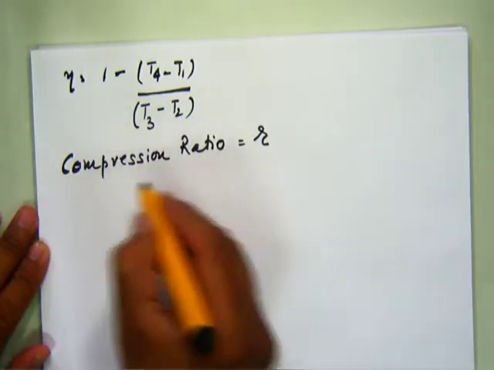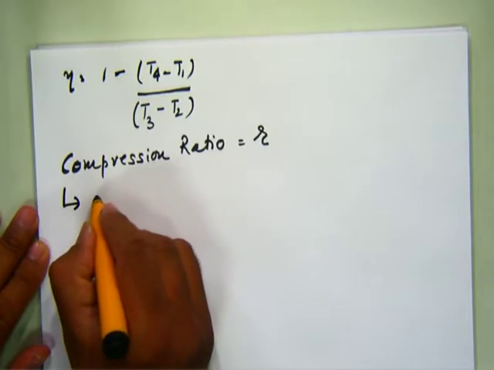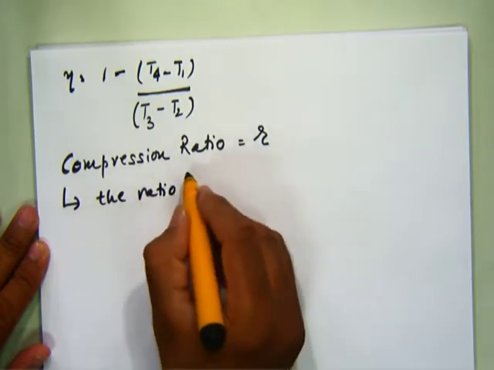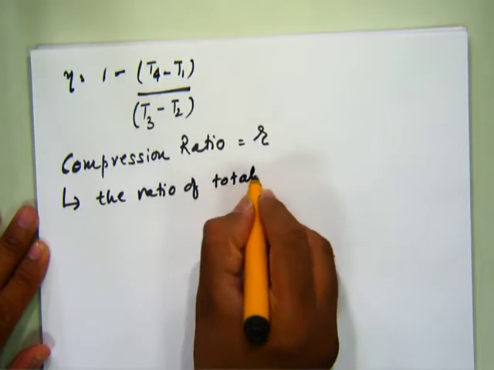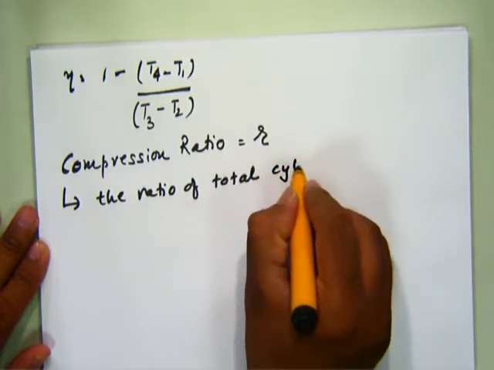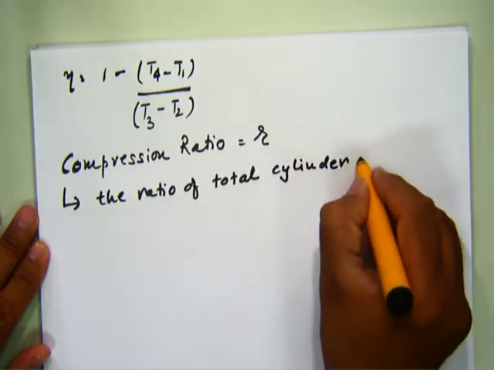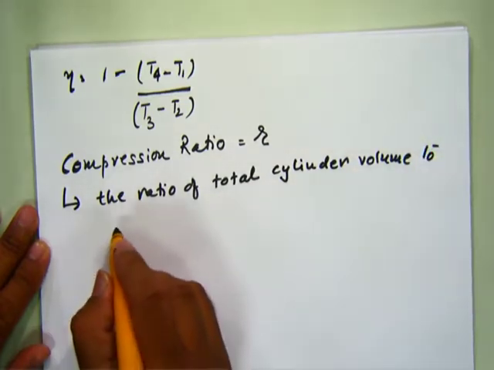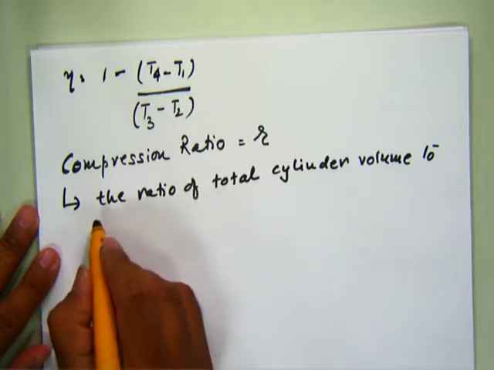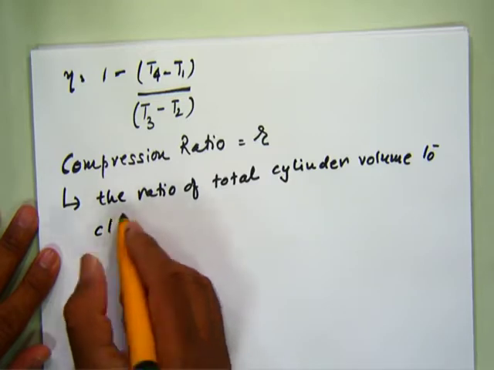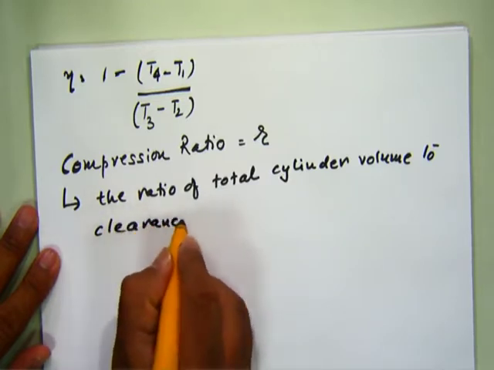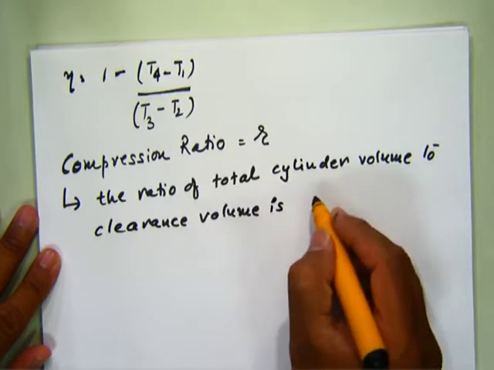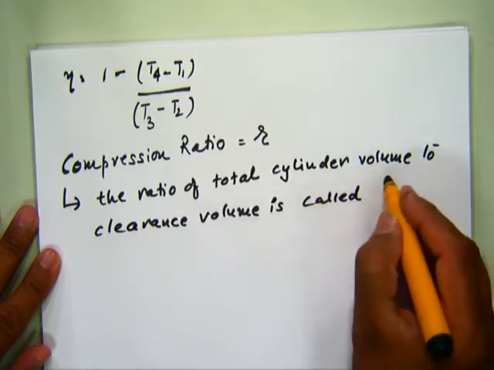What is compression ratio? It is the ratio of total cylinder volume to clearance volume, and it is called the compression ratio.